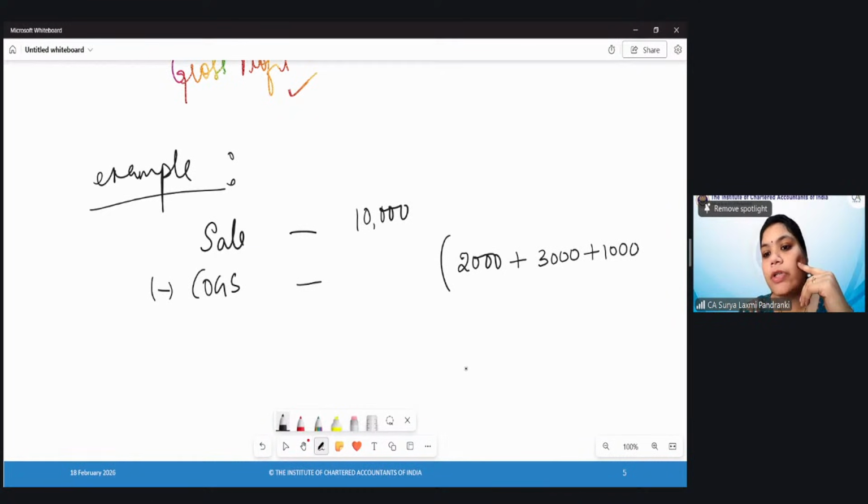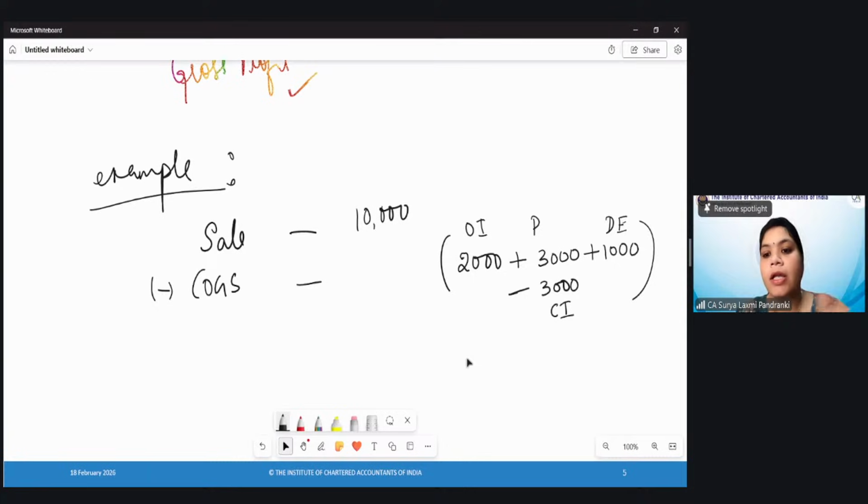This gives me 6,000 minus some 3,000 of closing inventory. So this is opening inventory, this is purchases, this is direct expense. I'm writing in shortcut because by now you know what that is.